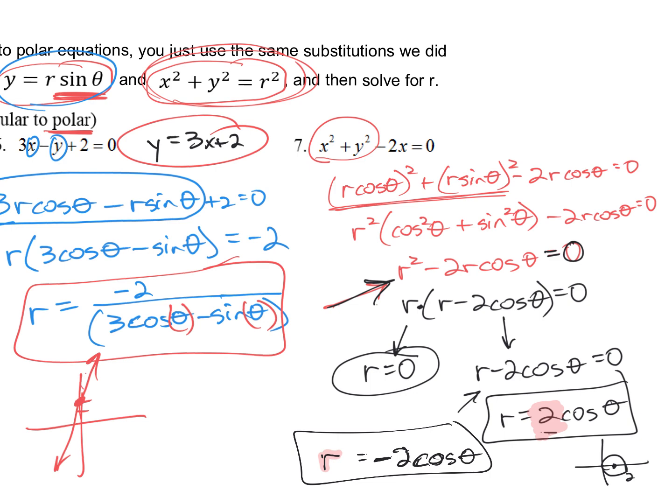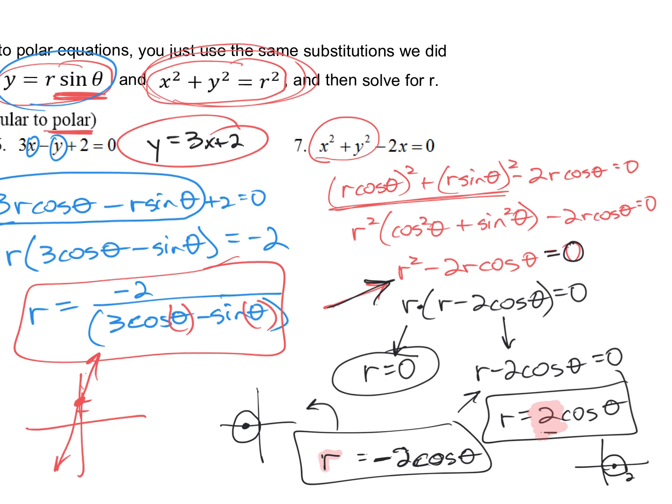If you put a negative, where does it go? Yeah, it goes on the other side over here. It's still a circle of radius 1, now centered at negative 1, 0. It's still got diameter 2. So the positive cosines are going to be on the right side of the axis. The negative cosines are going to be on the left side of the axis.